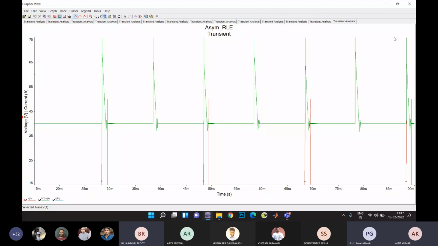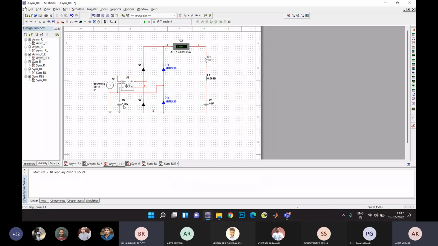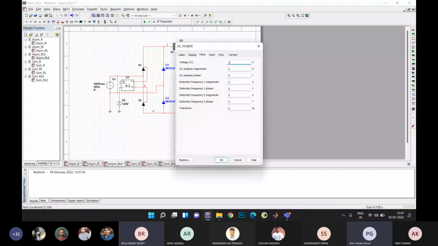Now make it 120 degree. Go to your simulation. Make the firing angle 120 degree, and the back EMF make it 120.